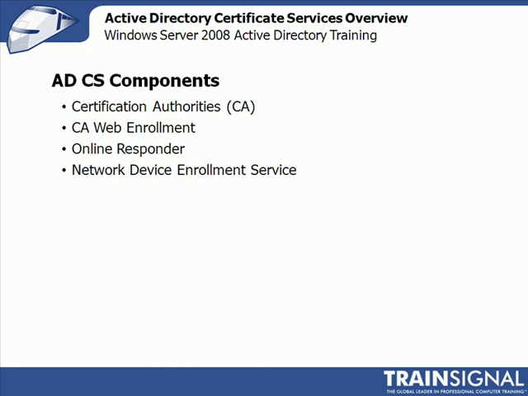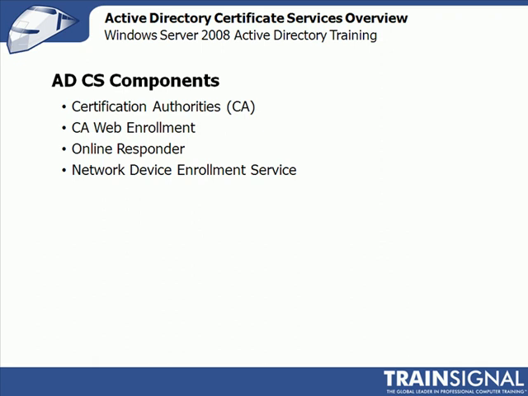The next component we have here is the Online Responder. This component decodes revocation status requests for specific certificates, evaluates the status of these certificates, and returns a signed response containing the requested certificate status information.